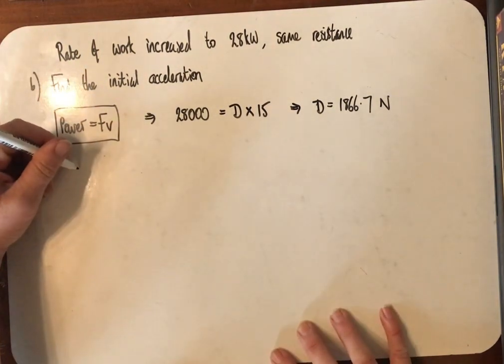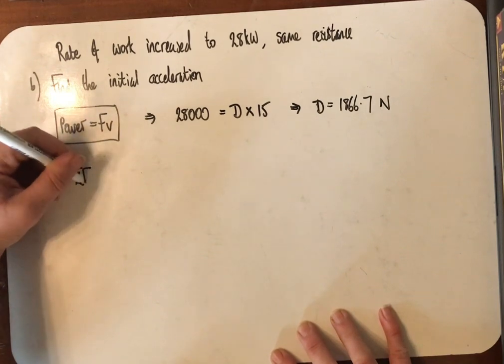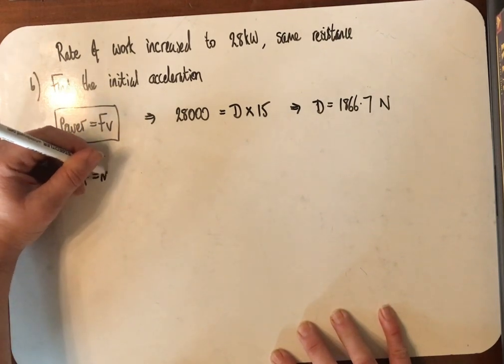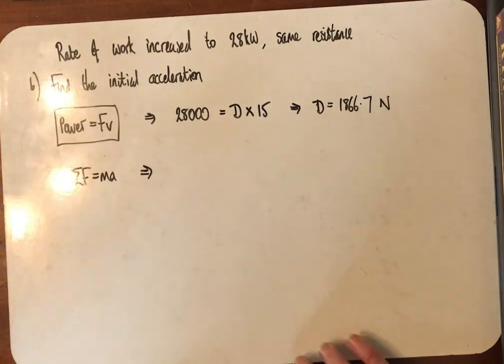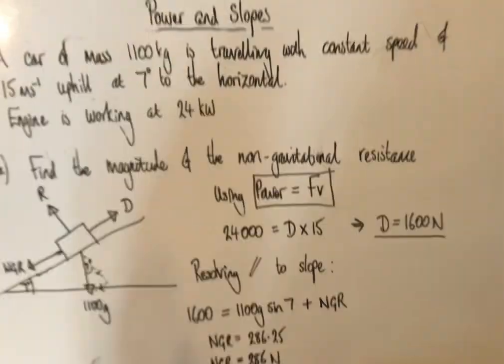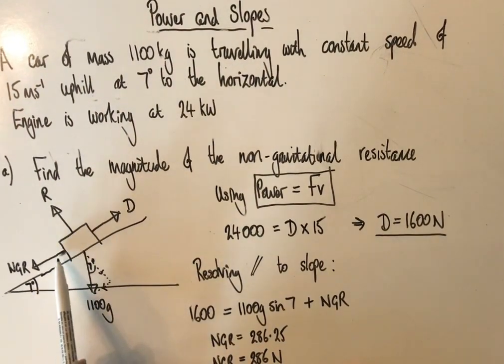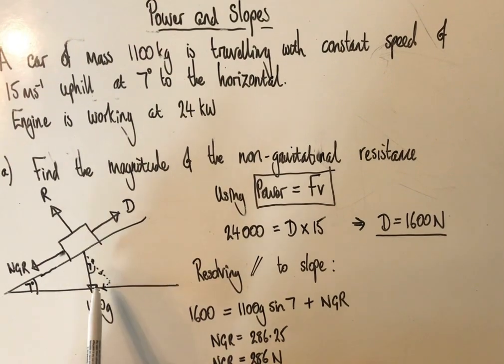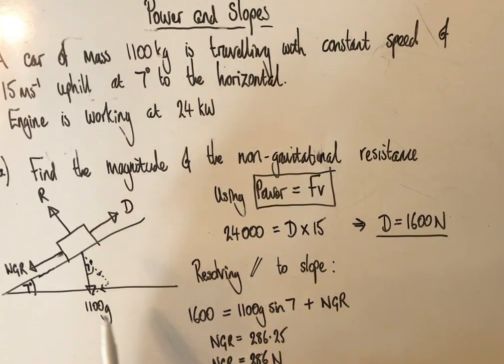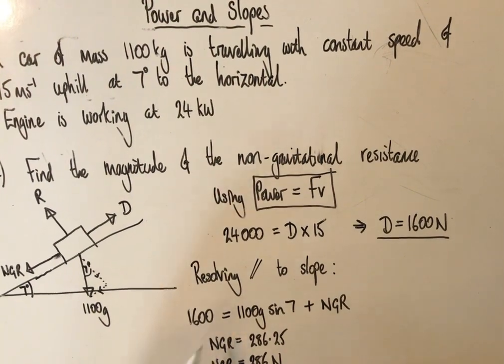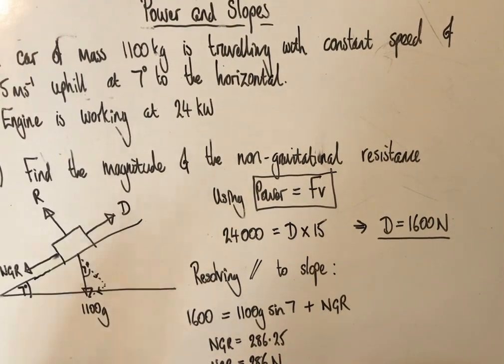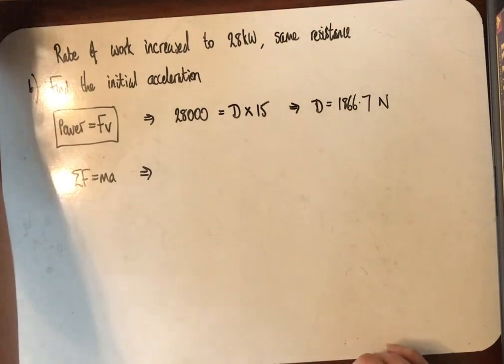We know that the non-gravitational resistive force plus this component of the weight that's acting backwards is equal to 1,600, so you don't actually have to do any work with that there.